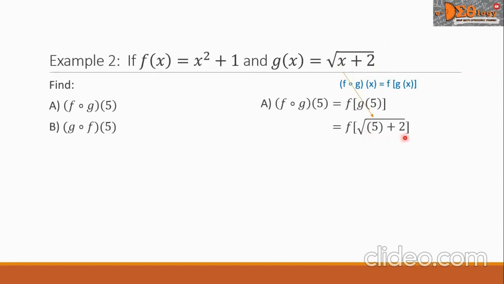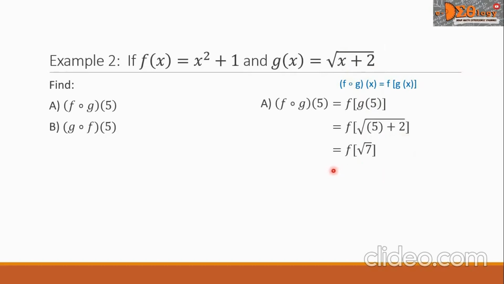You see, we substituted the value 5 to the x. And then we simplify further. The 5 plus 2 inside the radical symbol will become 7. So we have now this function f of square root of 7.